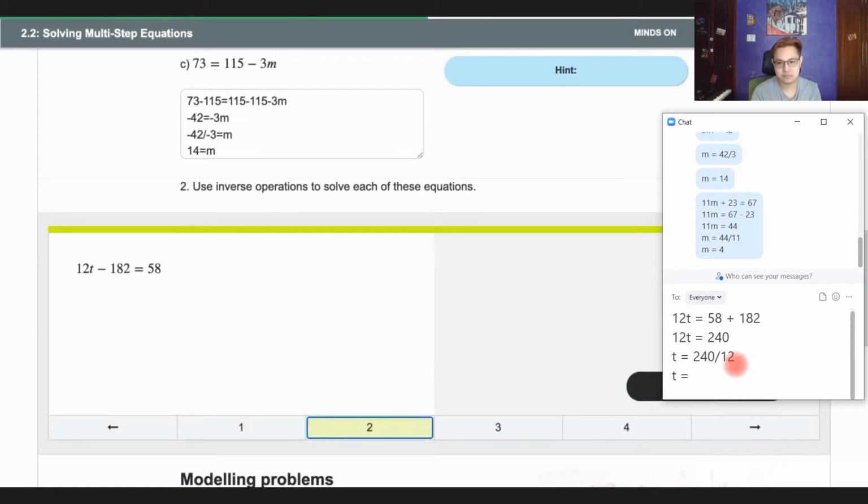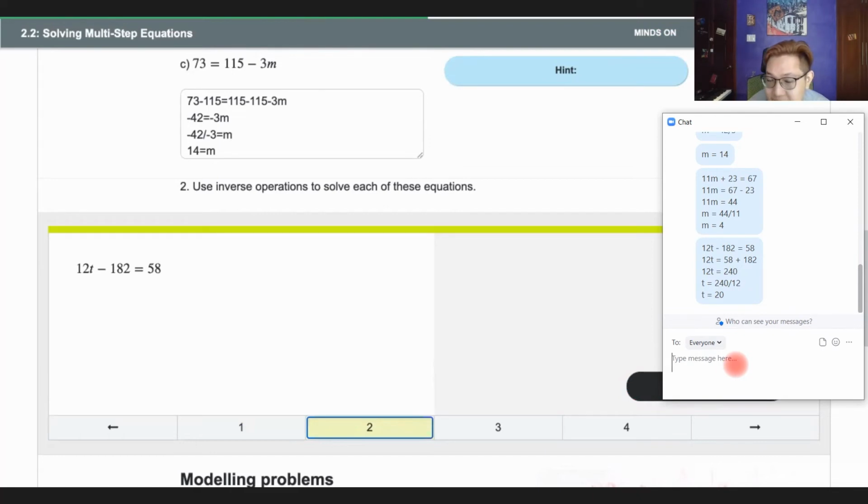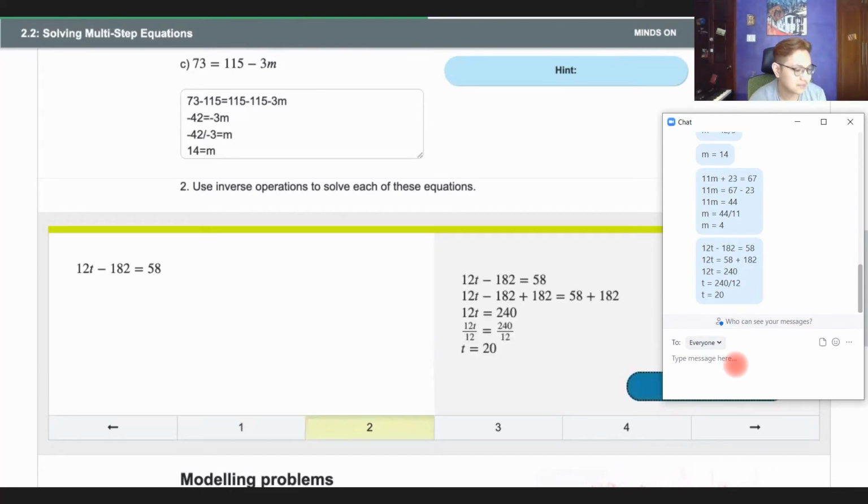Bring 12 over. So it becomes 240 divided by 12. How much is t? 240 divided by 12 is 20. Yeah. Perfect. It's 20. So t is equal to 20.